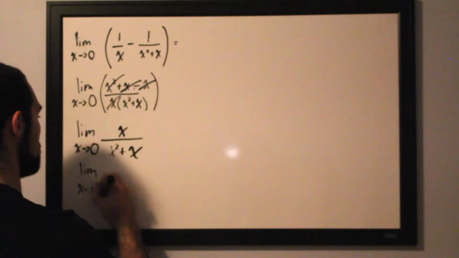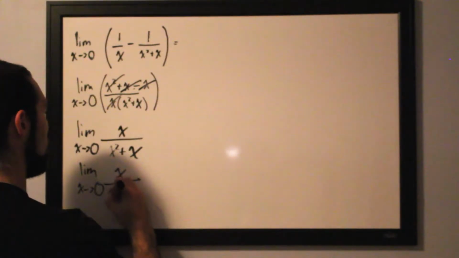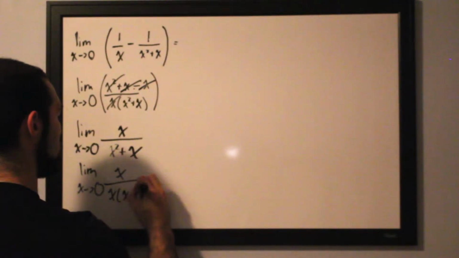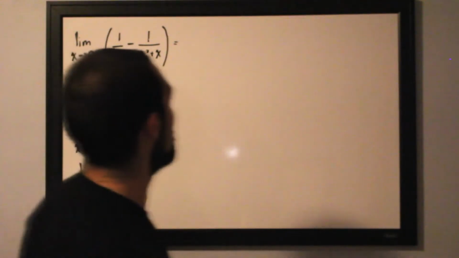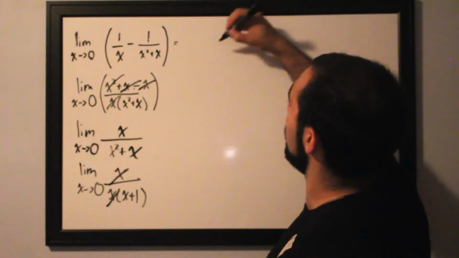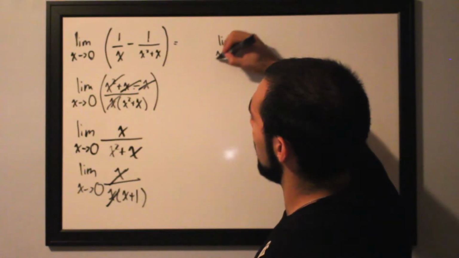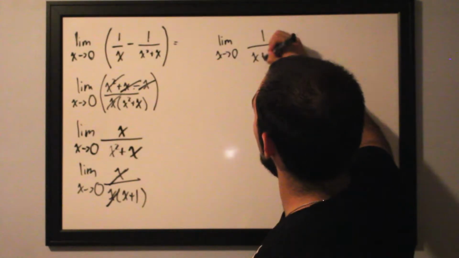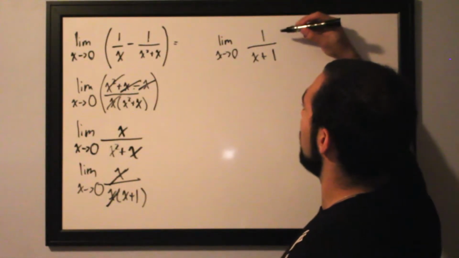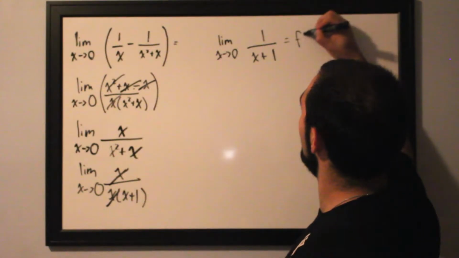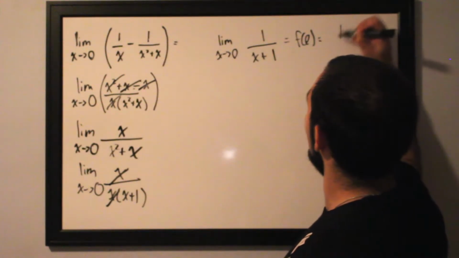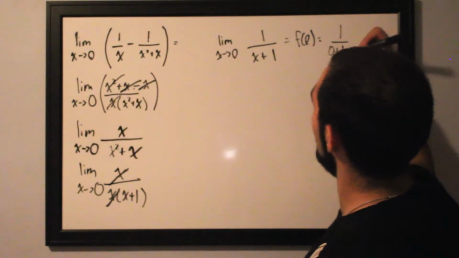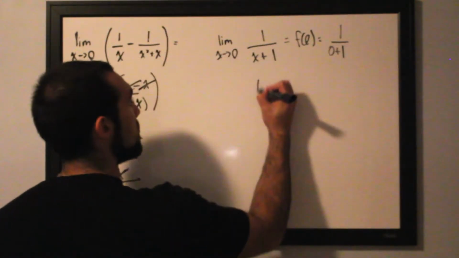Limit as x approaches 0 for x over x times x plus 1. These x's cancel each other out, and all we're left with is the limit as x approaches 0 for 1 over x plus 1. This is going to come to f of 0, which is equal to 1 over 0 plus 1. That comes to 1 over 1. So our limit is 1.